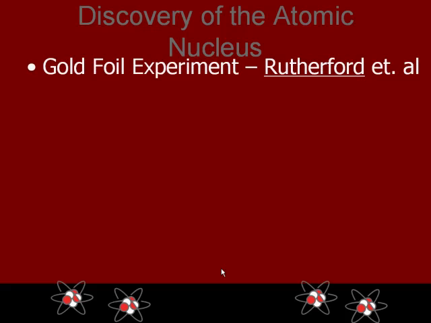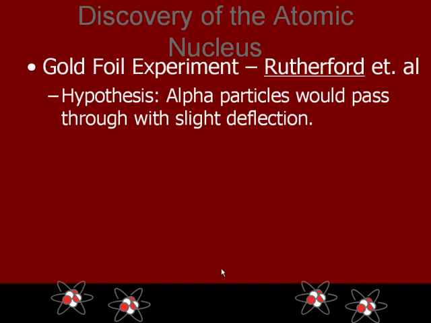After Thomson, a scientist by the name of Ernest Rutherford and his associates conducted the gold foil experiment. His hypothesis is based upon Thomson's experiment. He says alpha particles, which are positively charged, would pass through with slight deflection. In other words, since it's this positive ball, those alpha particles would pass right through.